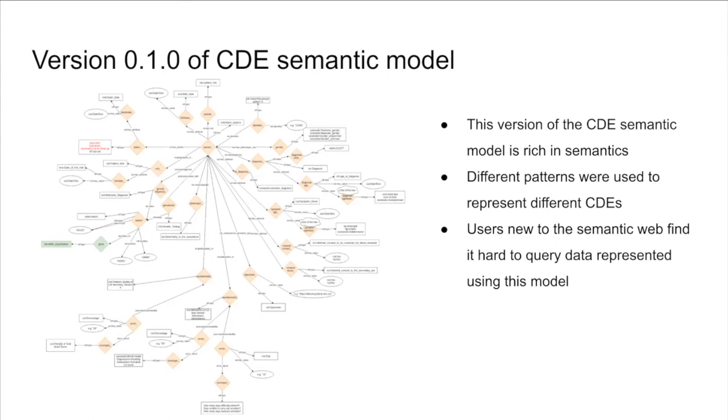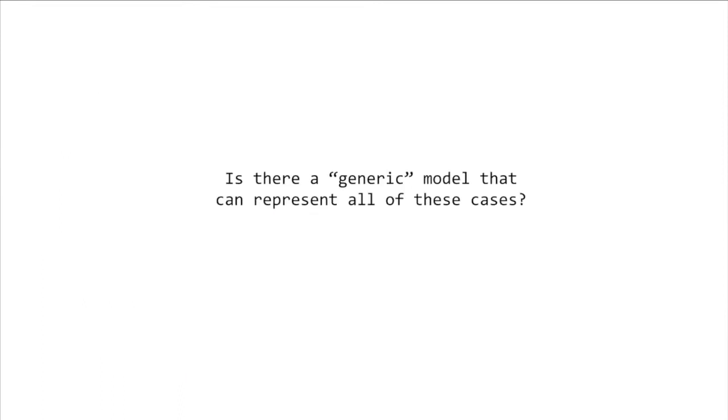So people who are new to semantic web technology might find it hard to query this model if they want to use it. Next slide, please, Mark. Then we started asking, is there a generic pattern to represent all those different CDE cases? That's when Mark joined us and he proposed some solutions, which he can walk us through now.